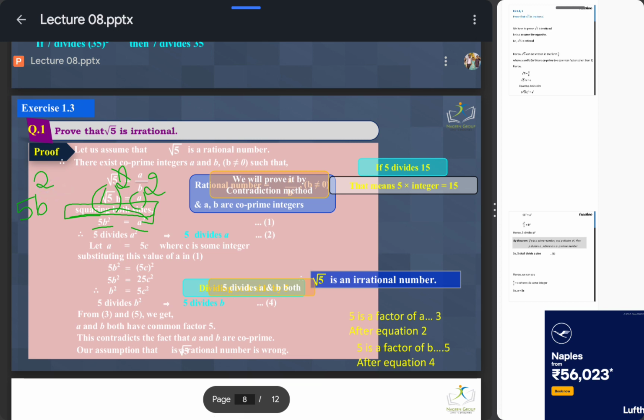So 5b square equals a square. Shift this 5 to this side, so you will get b square is equal to a square divided by 5. This is important.